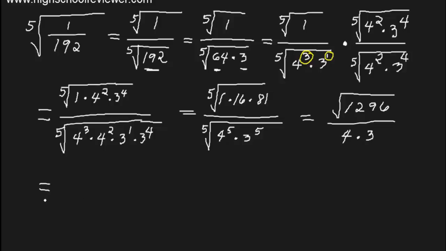Now looking at the numerator, we cannot simplify this anymore. So this is still the fifth root of 1296 all over 4 times 3, that is 12. So therefore, the fifth root of 1296 divided by 12 is our final answer.